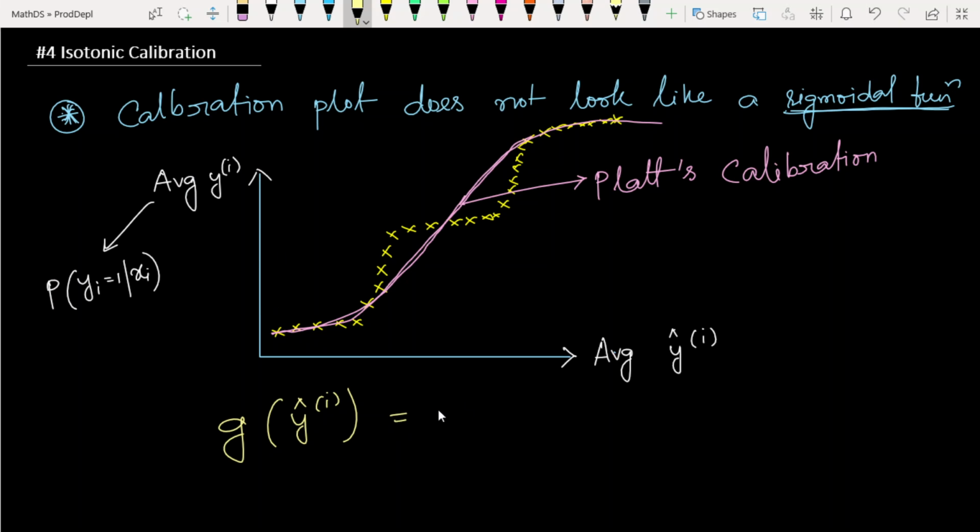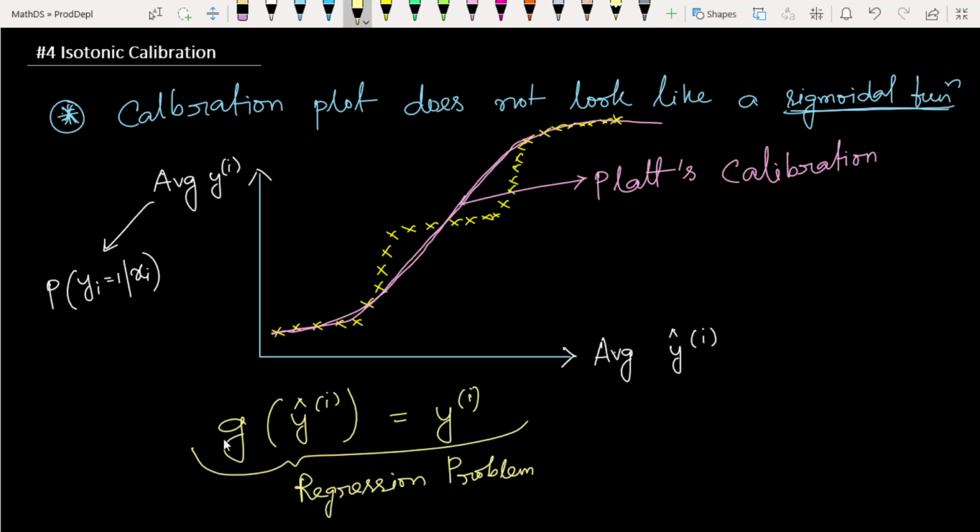What will be the value? This is the job that we have to do here; you can think of it as a regression problem. That is the g we have to predict.